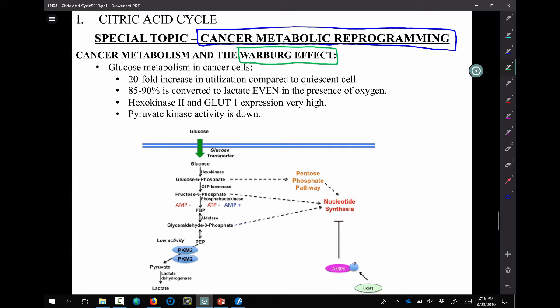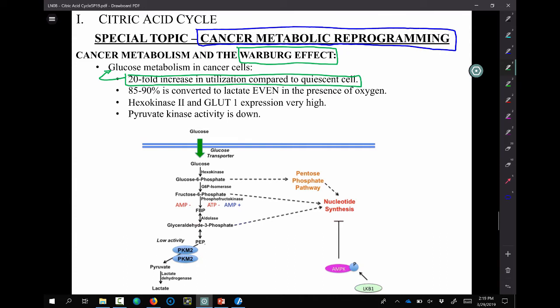In fact, cancer cells will increase utilization of glucose 20-fold relative to a quiescent cell. So they'll suck down glucose at a 20-fold higher rate than your typical cell.